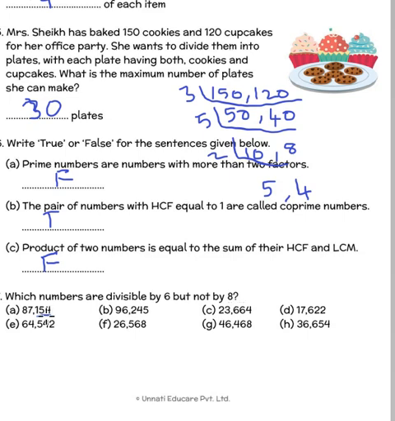So I know that 154, if I see, is not divisible by 8, but I have to check whether this is divisible by 6. So I know that it ends in 4, which means it's divisible by 2. But when I add up the digits, 5 plus 4 is 9 plus 1 is 10, 10 plus 7 is 17, 17 plus 8 is 25, 2 plus 5 is 7, does not go in the 3 times table. So which means that it is not divisible by 6.